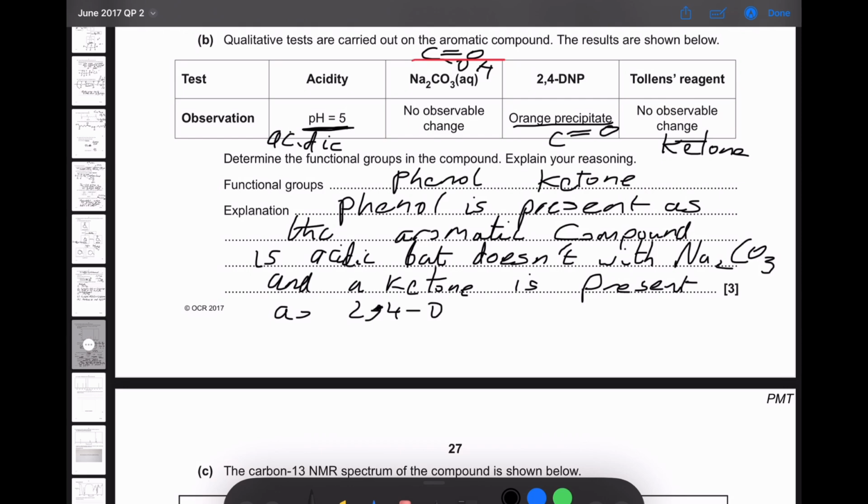Change that so it's correct. 2,4-DNP forms an orange precipitate. But Tollens' doesn't produce a silver mirror.